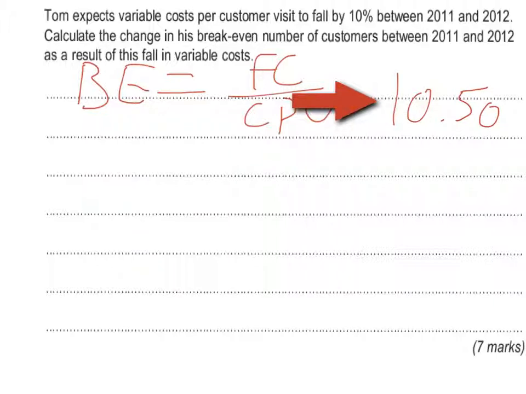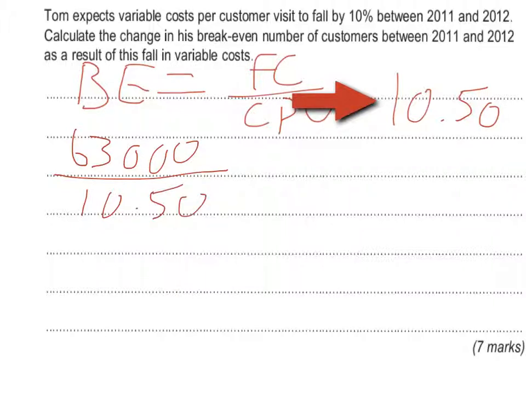This now allows us to work out the break-even quantity for 2011 as the fixed costs are 63,000 divided by the contribution per unit, which we've worked out is £10.50. So in 2011 the break-even quantity will be 6,000 customers.